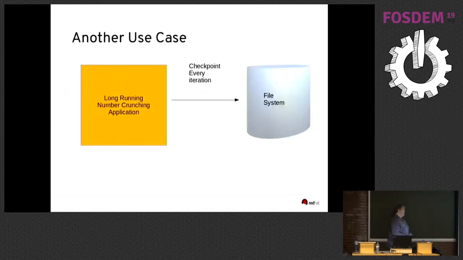So another use case, I had to bring this up, right? I'm not the first person to talk about doing this for Java. IBM had a paper on it. INRIA had a couple of papers on it. I'm just doing it a quick and dirty way, which I'll get to in a minute. But let's say you're running some sort of long-running number crunching application on Java. Maybe you don't want that to crash and all go away. So you can checkpoint every iteration.